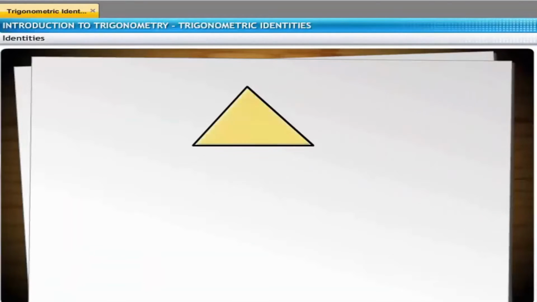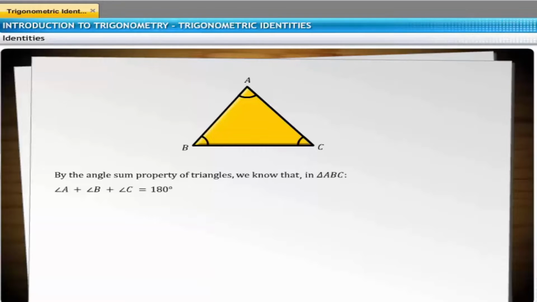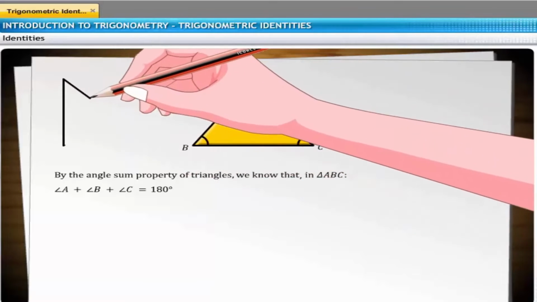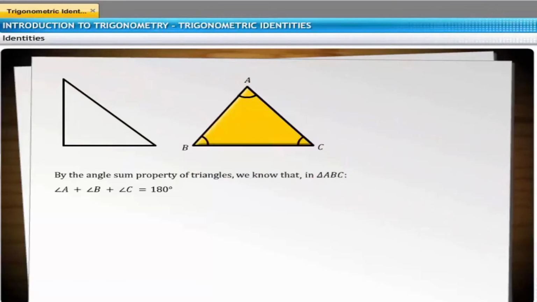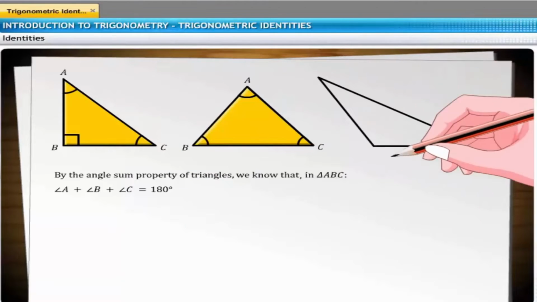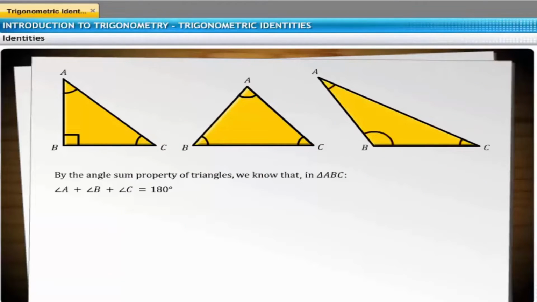Here is a triangle ABC. By the angle sum property of triangles, we know that angle A plus angle B plus angle C is 180 degrees. This equation is true in all triangles.